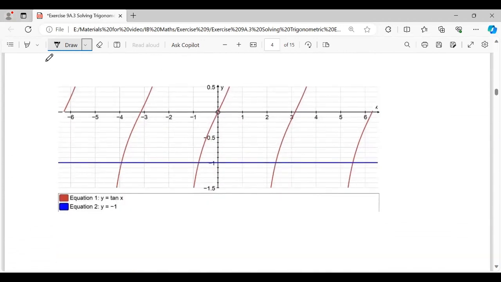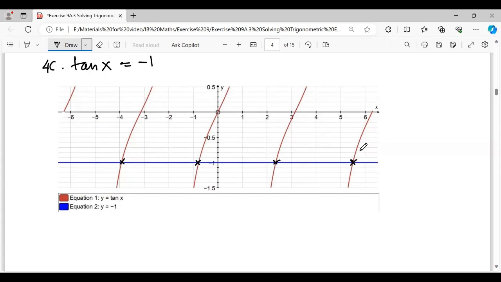For C, tangent x equals -1. This is the tangent x graph, and this is y equals -1. There are 4 intersections. We're going to find x1, x2, x3, x4.